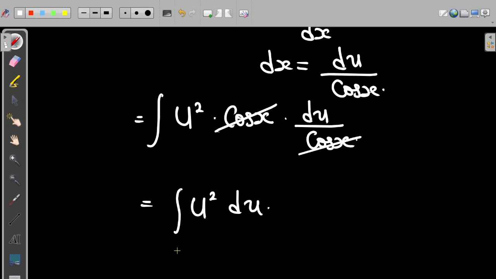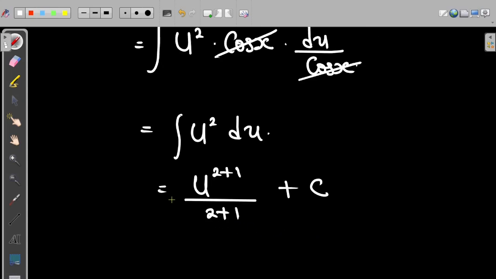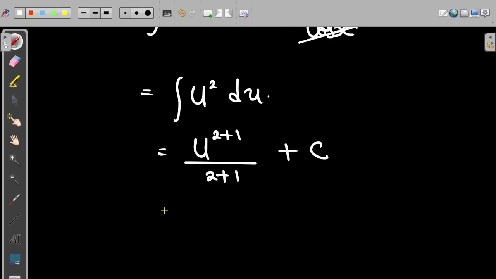Now, we are going to integrate. This becomes u to the power of 2 plus 1 divided by 2 plus 1, plus c, which is the constant of integration because we are working with an indefinite integral. This simplifies to u cubed divided by 3 plus c.